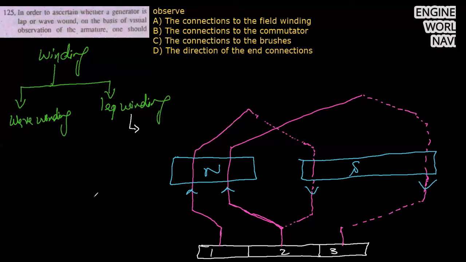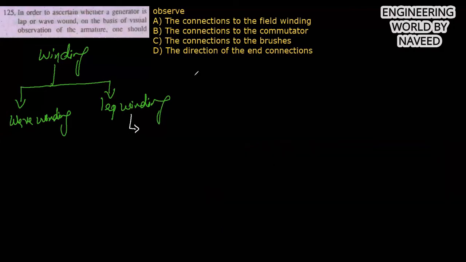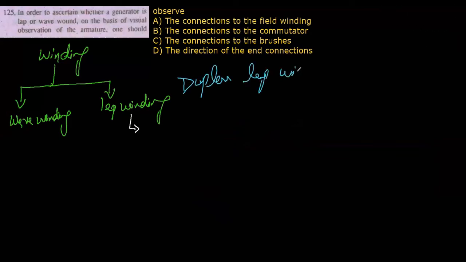And this is the simplex lap winding, because lap winding is further divided into simplex and duplex lap winding. Okay, so this is your simplex lap winding. Let's also draw the duplex lap winding. So your duplex lap winding will be like this. Let's say these are your commutator segments.